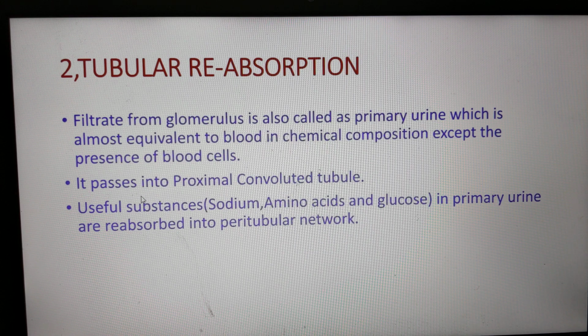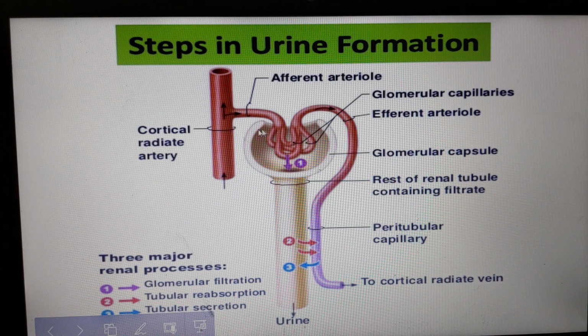This primary urine passes through the proximal convoluted tubule.